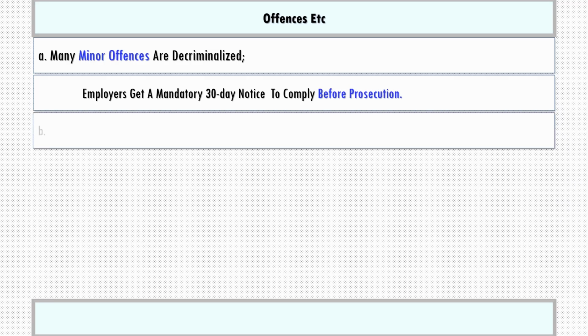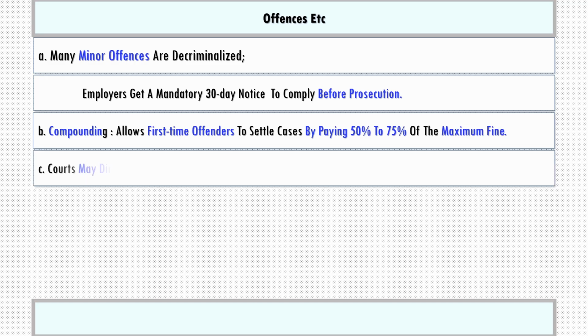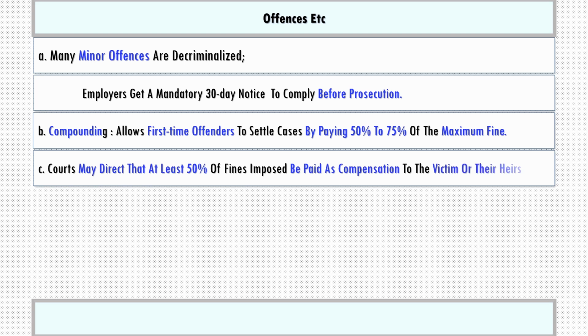It facilitates compounding for first-time offenders, permitting settlement of cases by paying 50% to 75% of the maximum fine. Courts are permitted to direct that at least 50% of fines imposed be paid as compensation to the victims or their heirs.